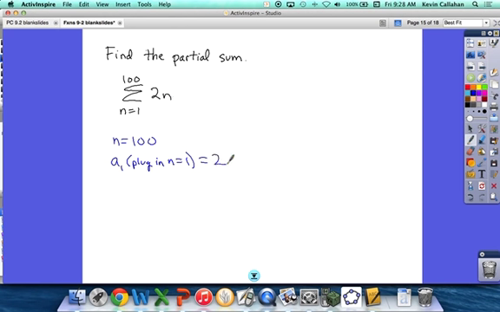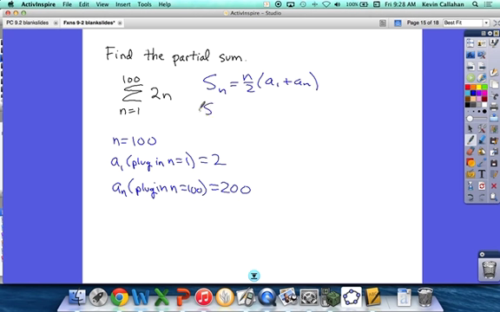And for the an, plug in n equals 100. 2 times 100 is 200. So now you have everything you need for the formula. S, I'm going to just write it again. n over 2 times a1 plus an.